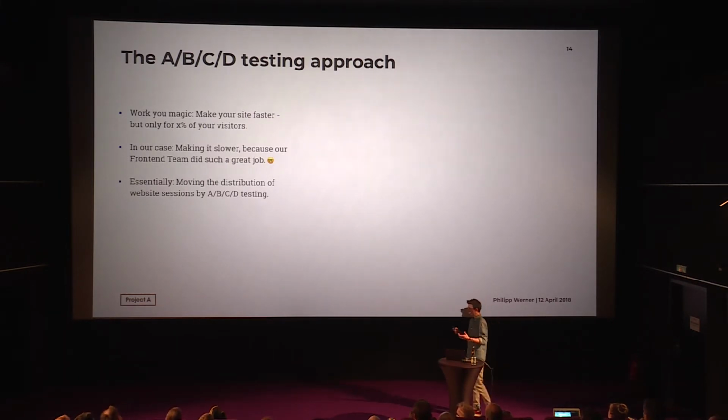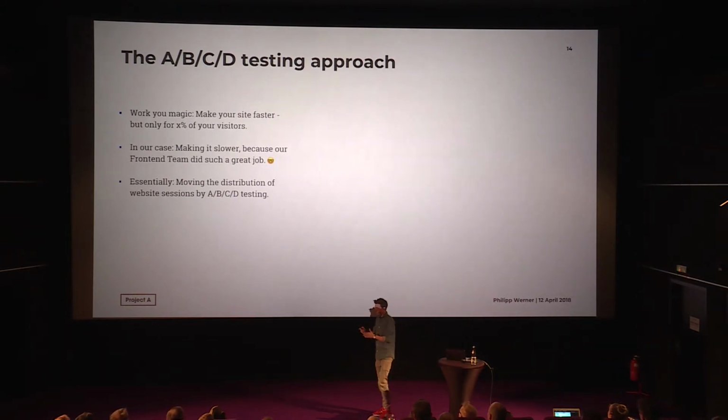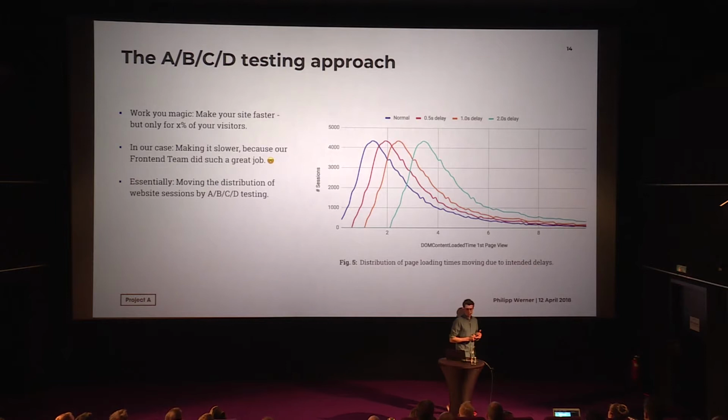So essentially what we want to do is create different groups, have group A untouched, and group B, C, D, increasing the loading time by 0.5 seconds, by 1 second, and by 2 seconds. So this would result in something like this. Basically shifting the whole distribution to the right.